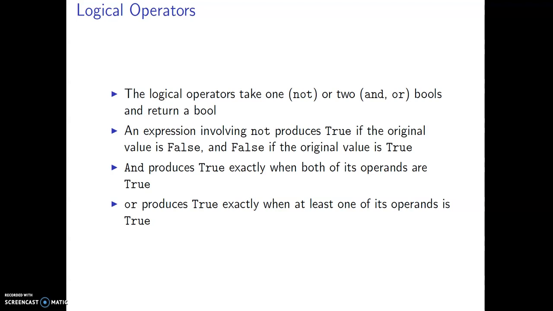So you can do a logical test to see, is this true and is this true and is this true and is this true, to subset data, for example. Conversely, you could use the or operator to say, if any one of these statements is true, then we subset based upon that criteria. The and will produce true only when all of the operands involved are true, and the or when exactly one is true or more.